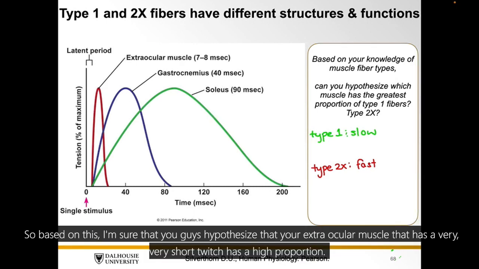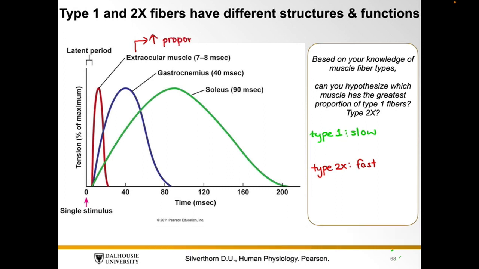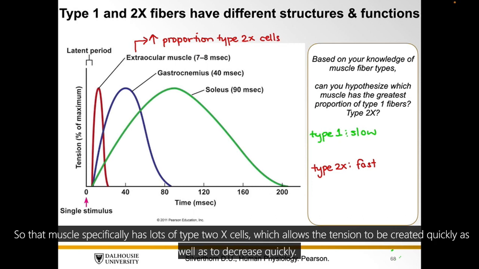So based on this, I'm sure that you guys hypothesized that your extraocular muscle, which has a very, very short twitch, has a high proportion of type 2X fibers. So that muscle specifically has lots of type 2X cells, which allows the tension to be created quickly as well as to decrease quickly.